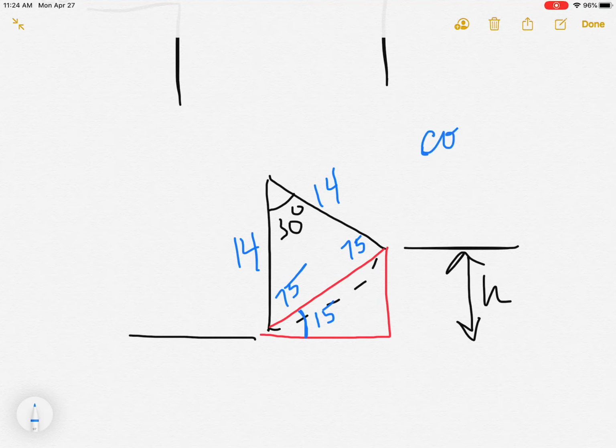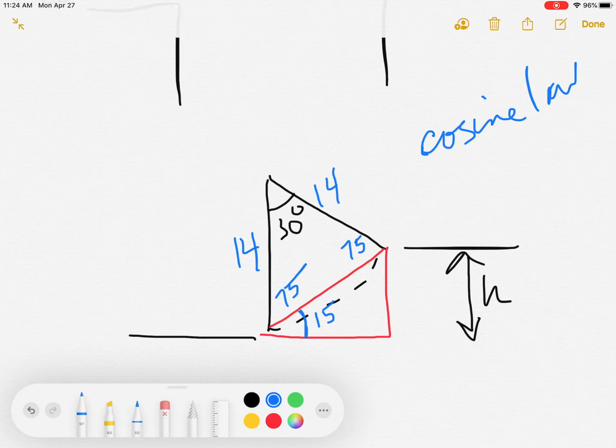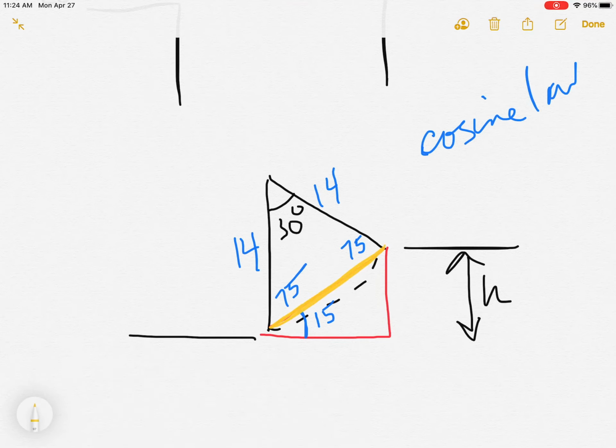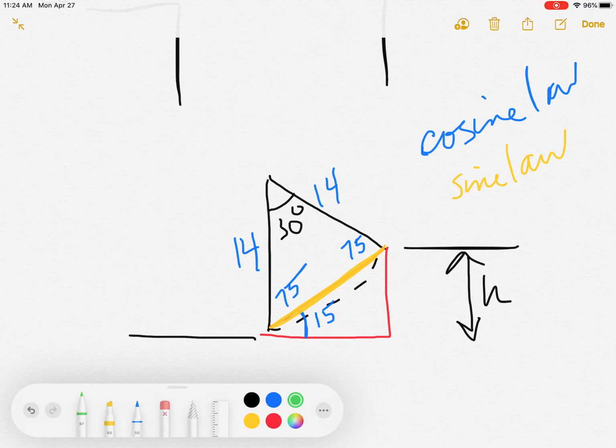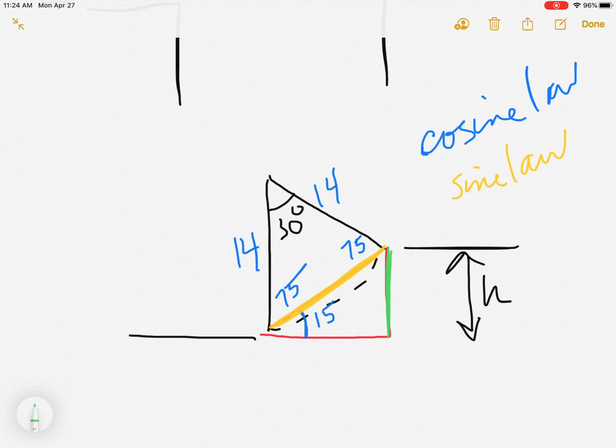So what you've got to do is a little bit of triangle math first. You're going to need to figure out, using a cosine law in the black triangle, a value for the line right here. And then once you're done that, you're going to have to use a sine law or a cosine law.